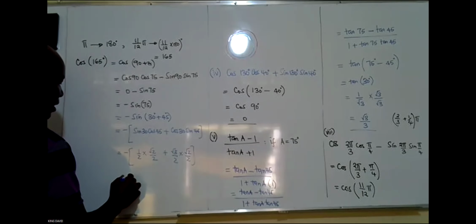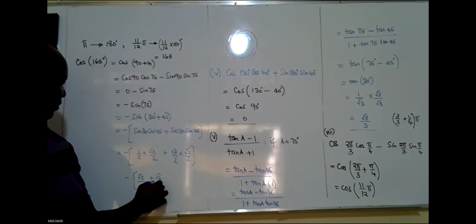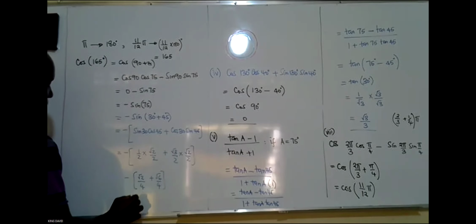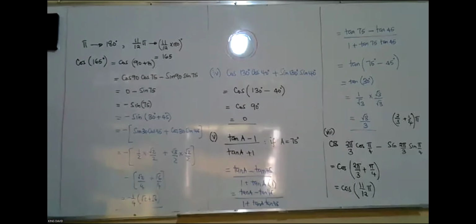So this is negative root 2 out of 4 plus root 6 out of 4. In other words, the answer is negative a quarter of root 2 plus root 6.